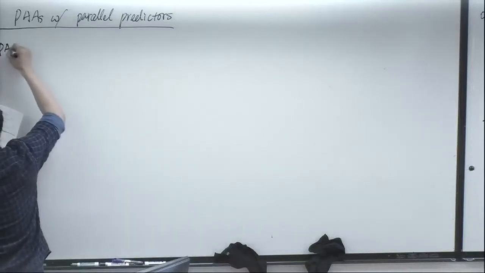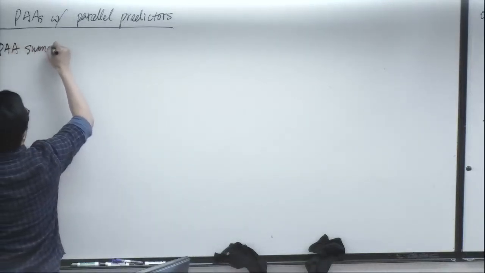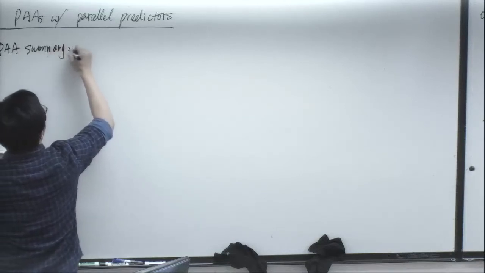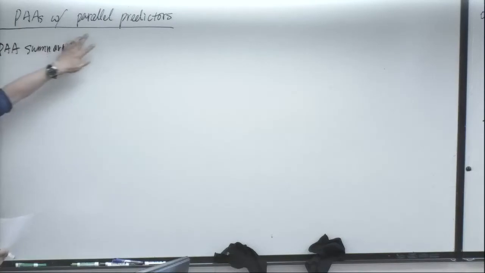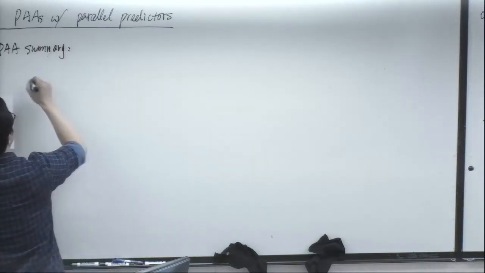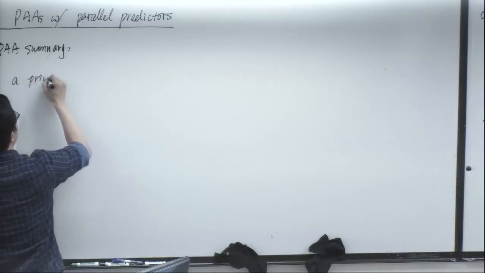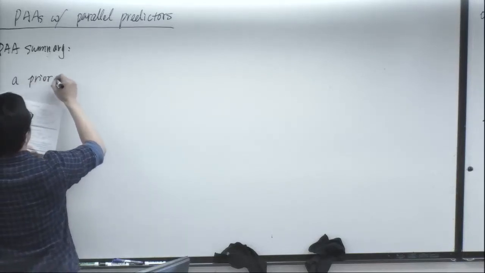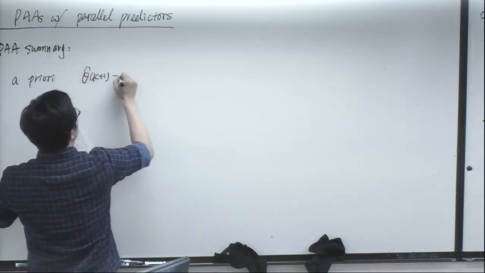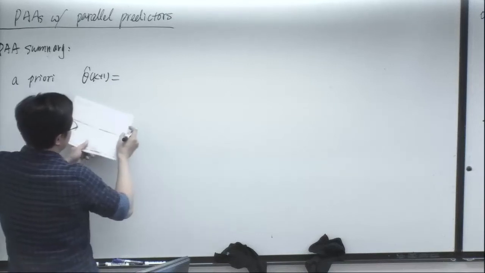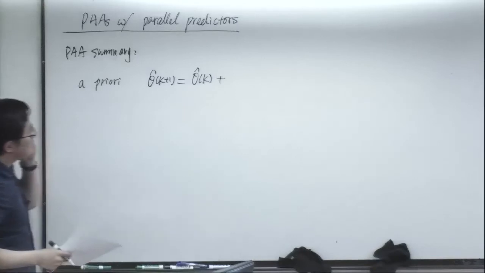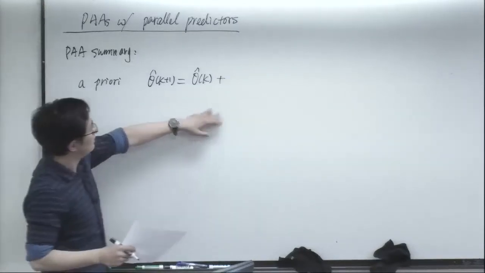So let's talk about the PAA summary with a parallel predictor. The a priori prediction, the formula is going to be very much the same.